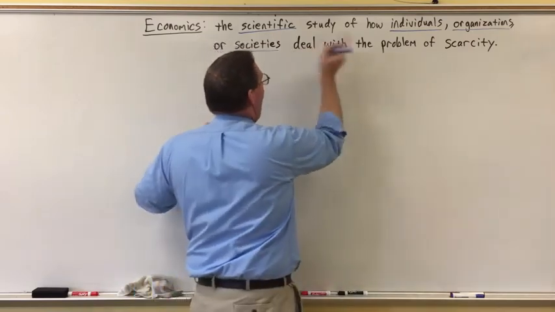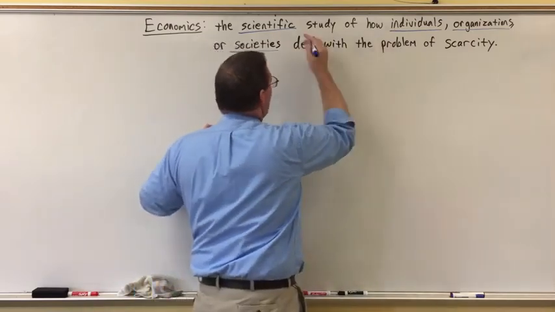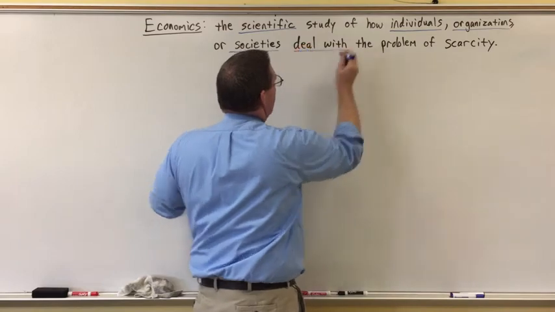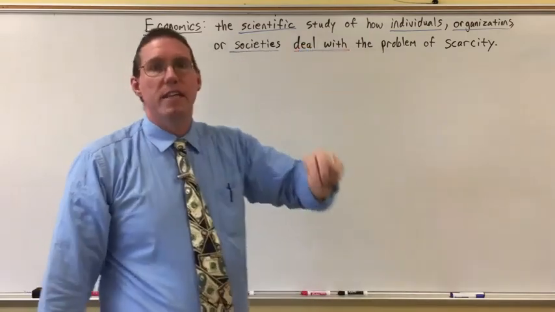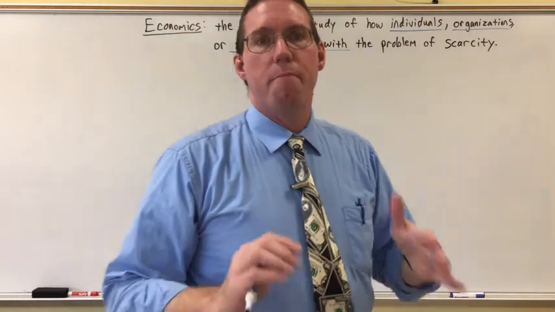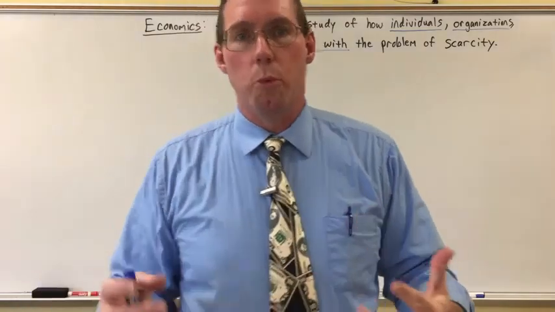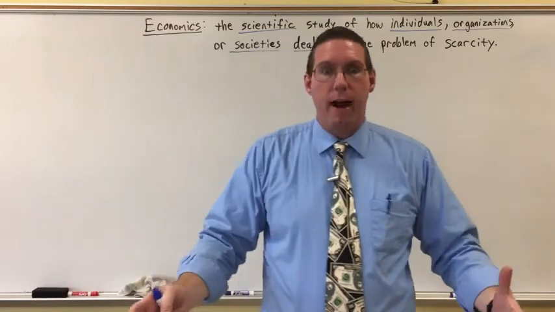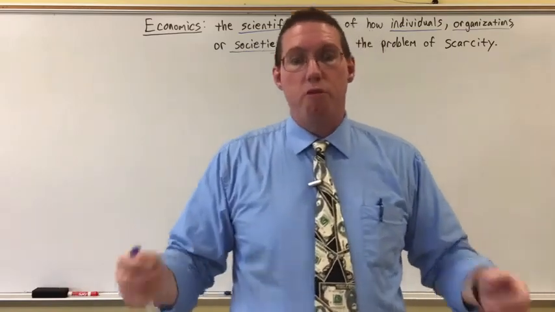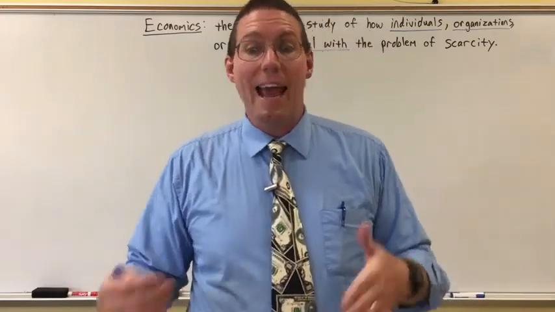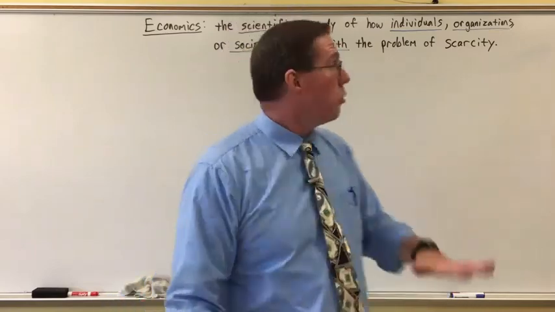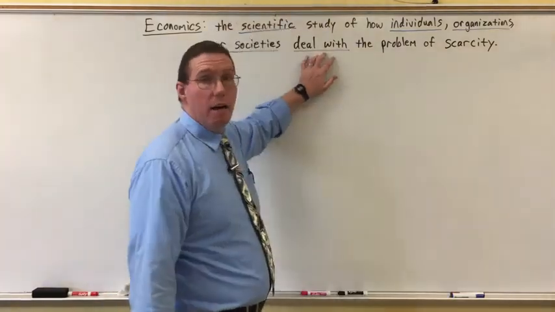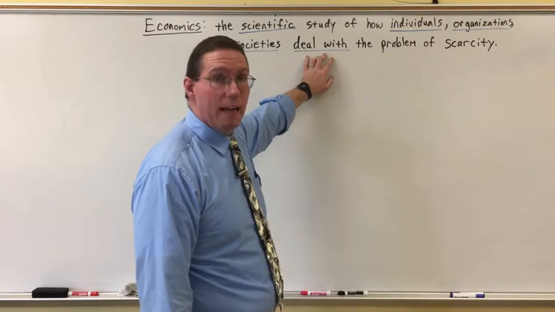Economics has to do with how these groups or individuals deal with. Now, the idea of dealing with is the idea of making a decision. When you get a flat tire, you have to deal with that flat tire, and what that means is to make decisions about how to handle it. So dealing with is the idea of decision making.